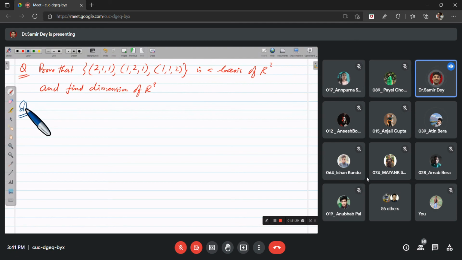Yes, the first one is linearly independent and the second one is spanning set. Now you write down part by part. Write down the heading: linearly independent part.